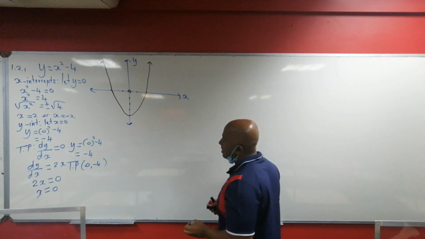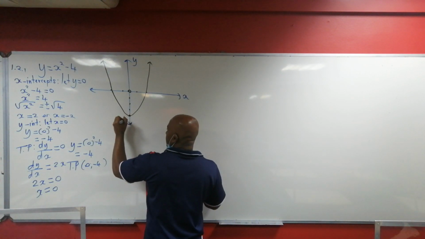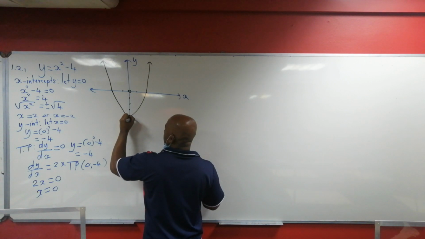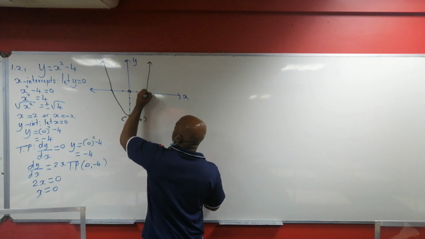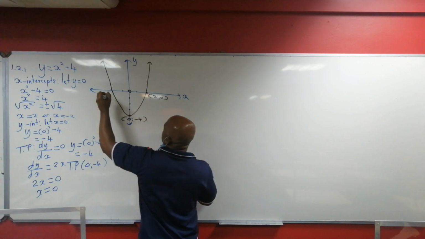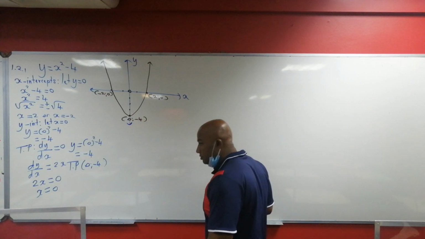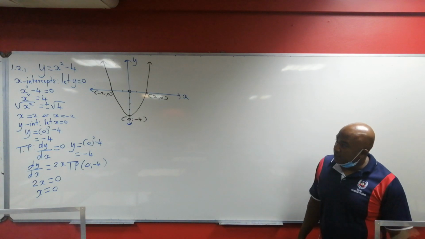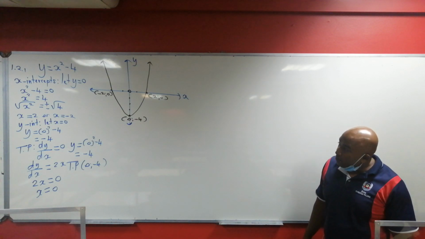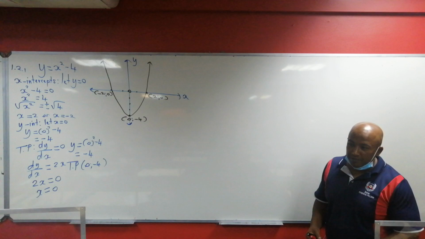So this is the graph. This is your 0, -4, and 2, and 0, -2, 0. Those are the x-intercepts, the y-intercept, the turning point, everything on the graph.